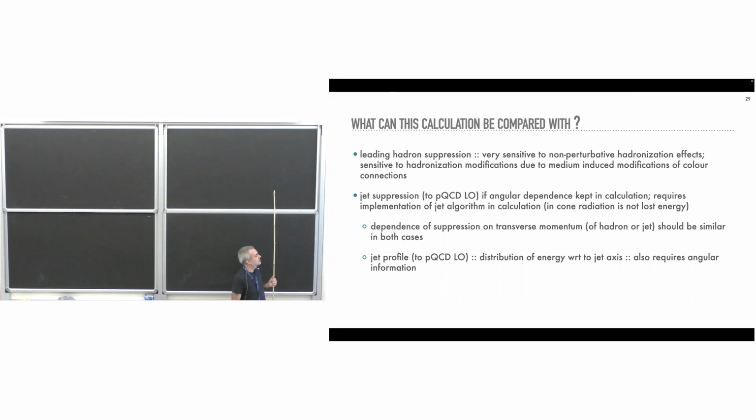So the way that the suppression goes should be similar. The dependence on pT should be very similar in hadrons and jets. So hadrons should be just like jets, or jets just like hadrons, for that. I want to keep that on top.